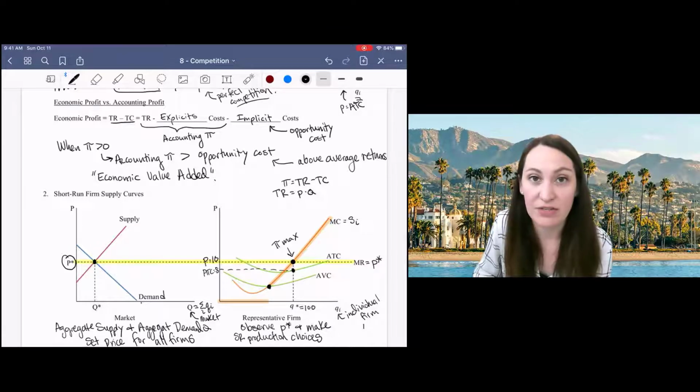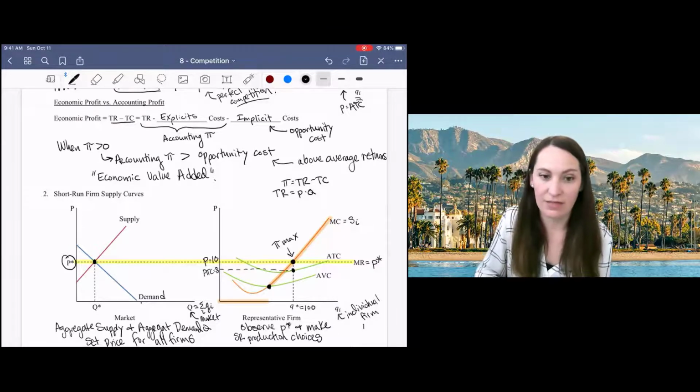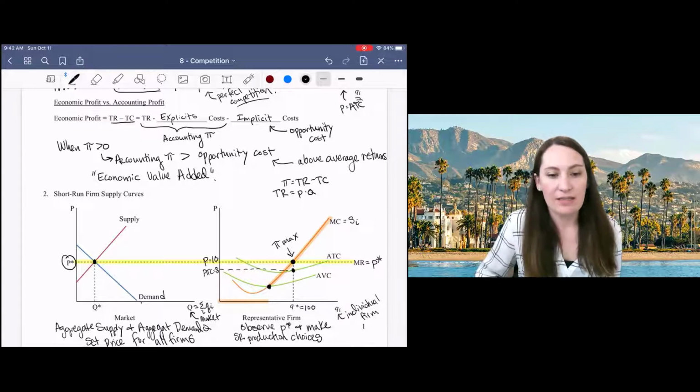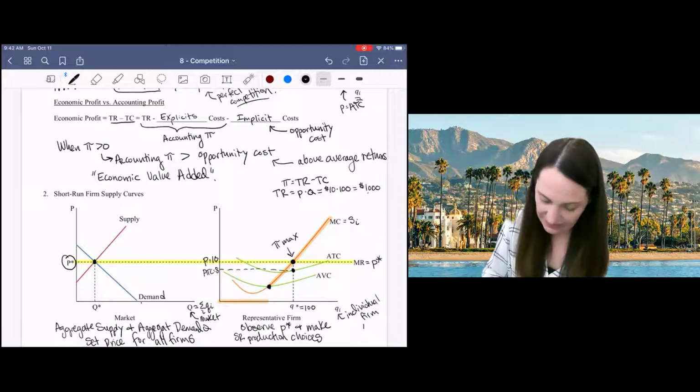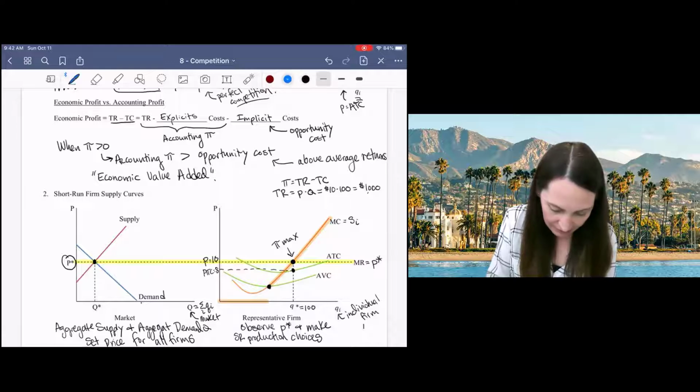Okay, I just made those numbers up to give us something to work with. So you can see that total revenue is price times quantity, then that would be 10 times 100, or a revenue equal to $1,000.